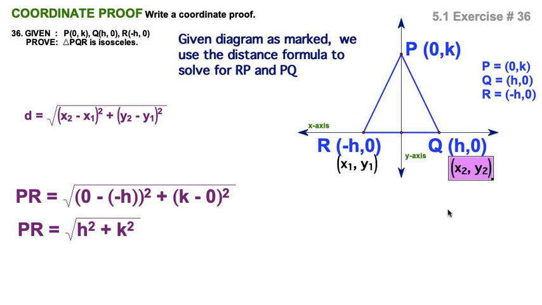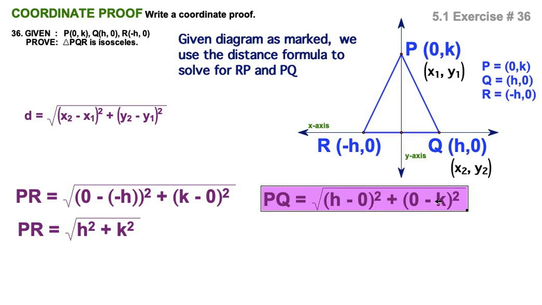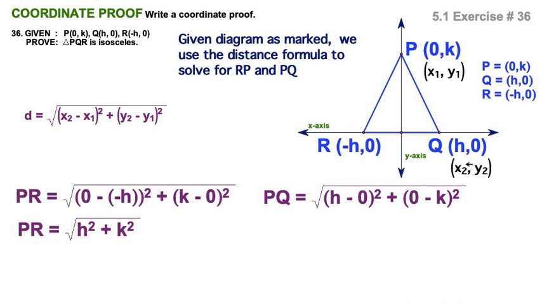And then we'll examine the length of PQ, also a segment. Now I've got h minus 0 over 0 minus k. h minus 0 is h. 0 minus k is negative k, but we did this before.